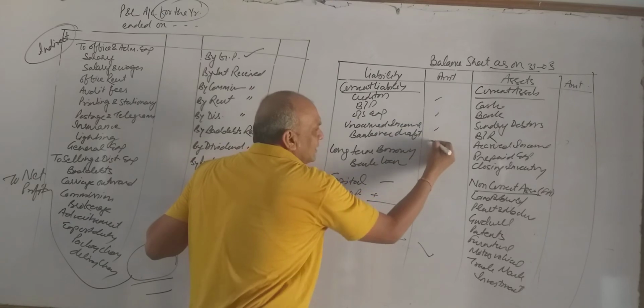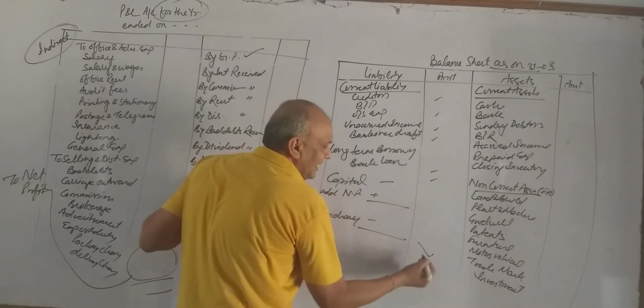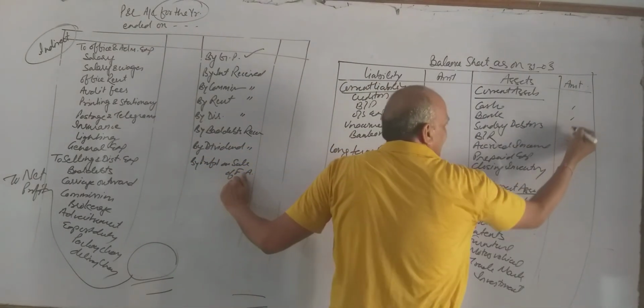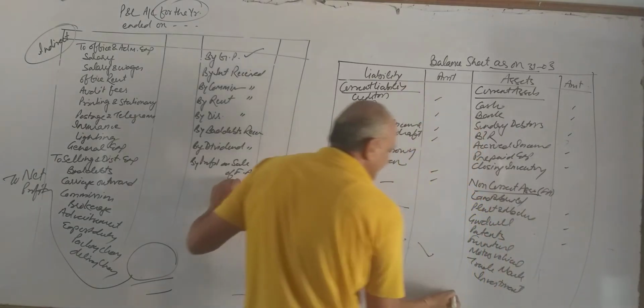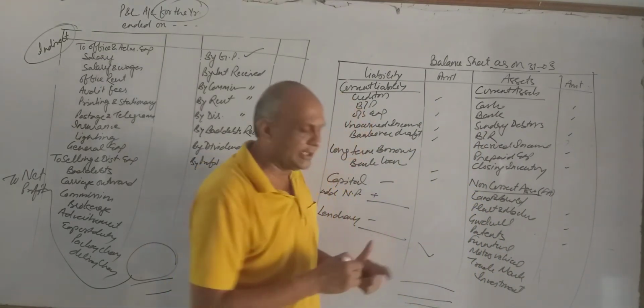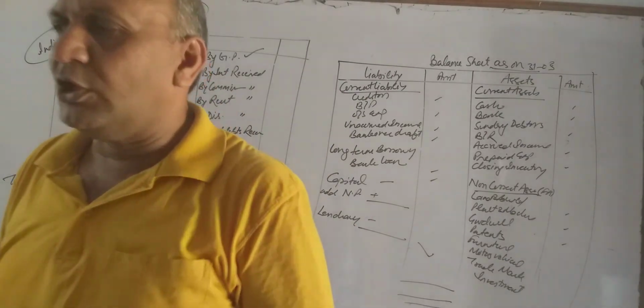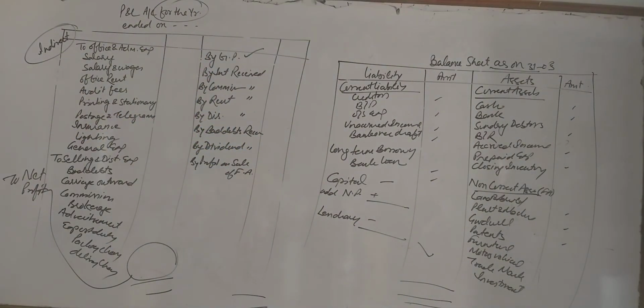Now write all current liabilities, long-term liabilities, capital, and in the same way current assets, then fixed assets. Now make the total of both sides. Total of both sides should be equal. If total of both sides is equal, it means our sum is right. हमारा sum पूरी तरह से ठीक है.